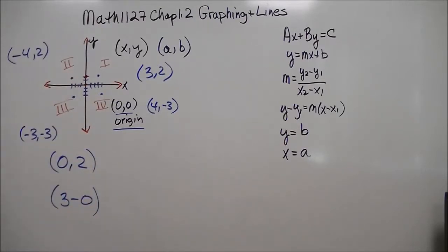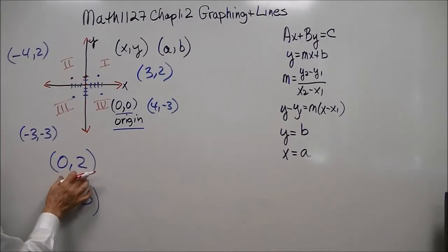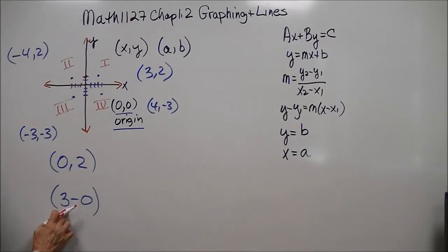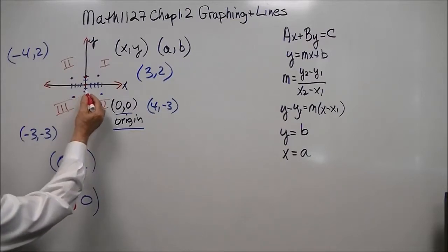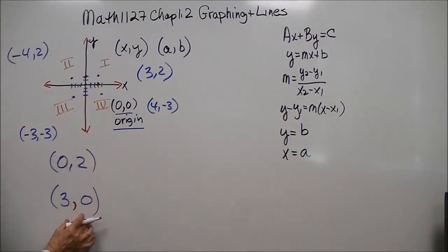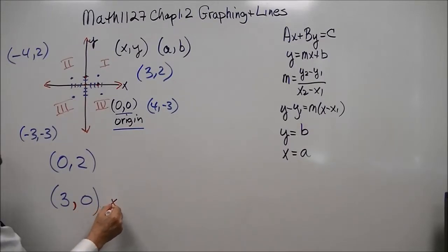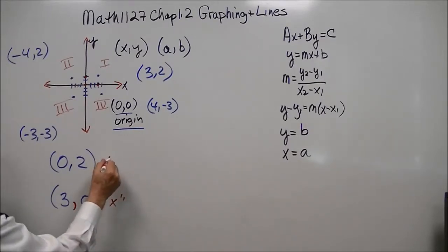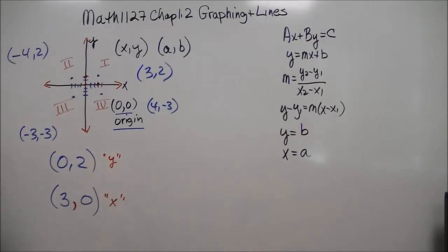Now, since it's not in a quadrant, but on an axis, we say it's on the y-axis. And this one, 3, 0, we'd go there and put a dot right there. This would be on the x-axis. This is on the y-axis.